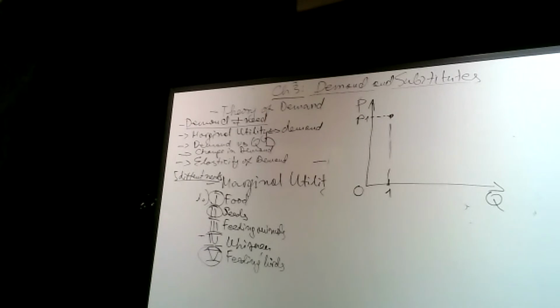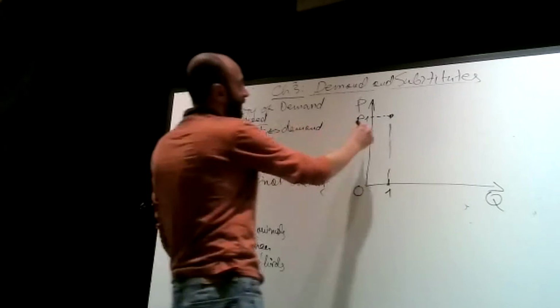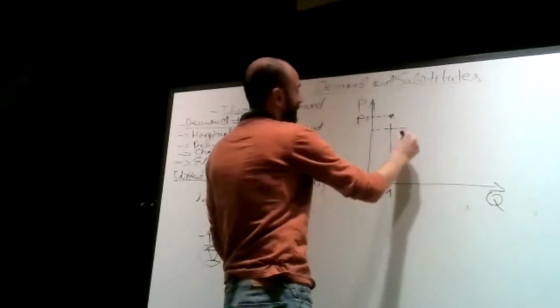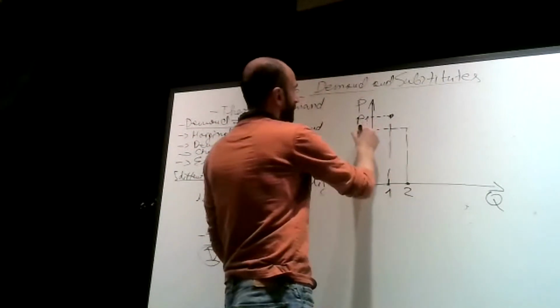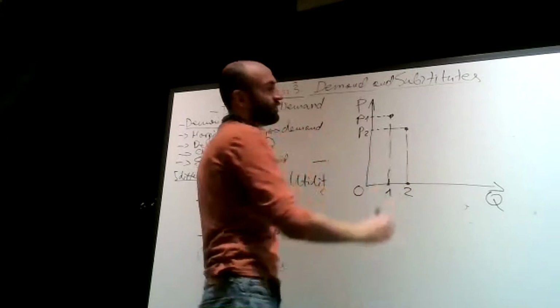$15. So now imagine that you want to keep increasing your purchases of these goods, that you're not satisfied with buying just one. So what's going to happen when you buy the second one? Well, the marginal utility of the second unit is less than the first one. So the maximum price that you would be willing to pay for the second unit is lower than for the first unit.